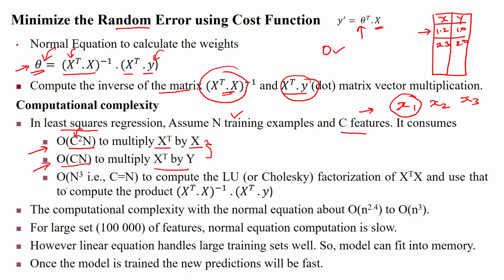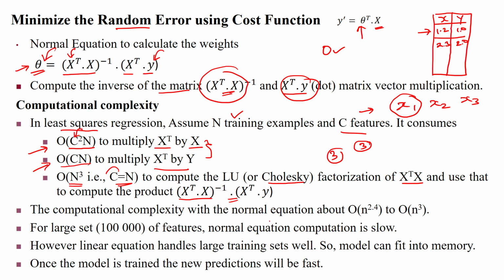and the third step is order of n cube, because whenever c is equal to n, suppose I have three samples and three features, at that time we get c equal to n. So for computing that least square, here we are using the Cholesky factorization method of x transpose x to calculate the product of x transpose x inverse, dot product of x transpose dot y.